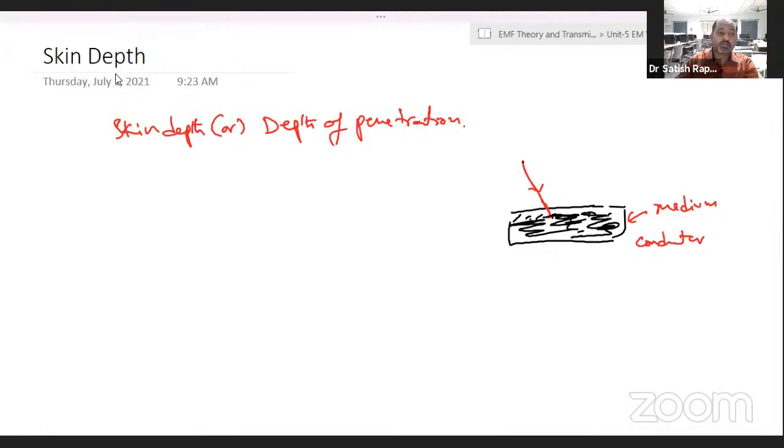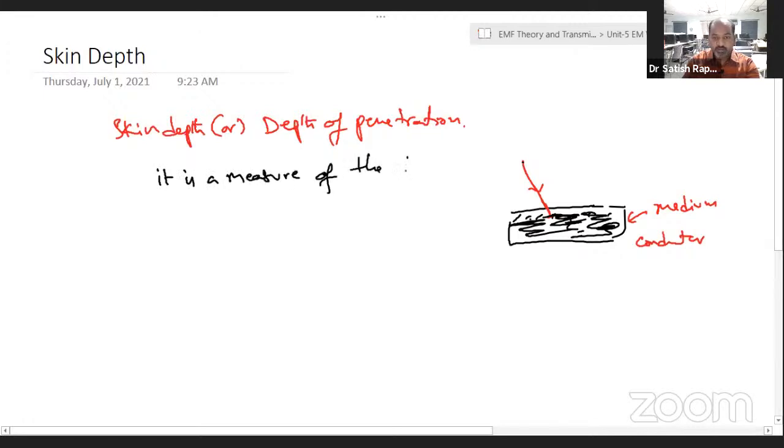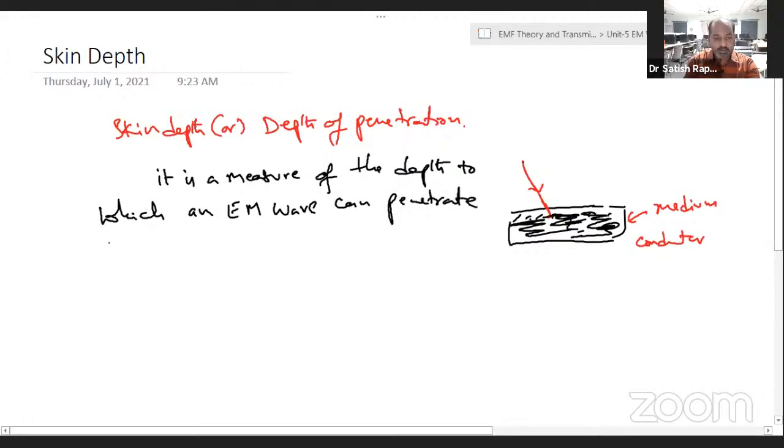So it can be defined as a measure of the depth to which an EM wave can penetrate the medium.